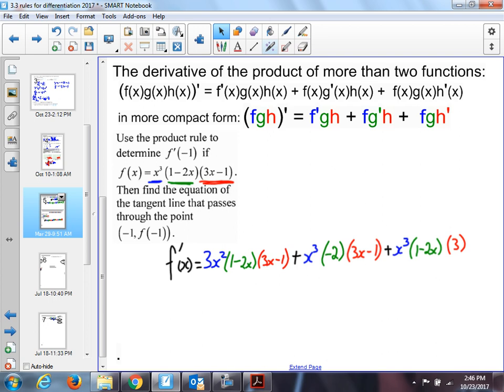Use the product rule to determine f prime at negative 1. This is pretty simple arithmetic, negative 1 cubed and stuff like that. You just put it in here. 3 times 1, negative 1 squared, so 3.